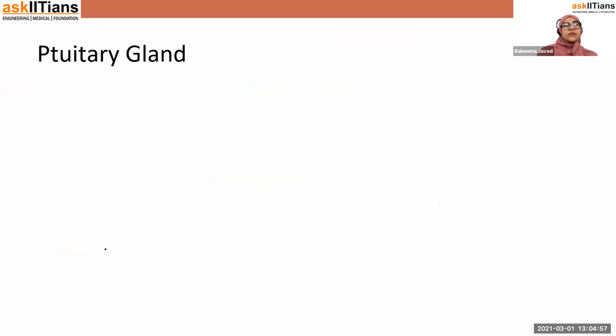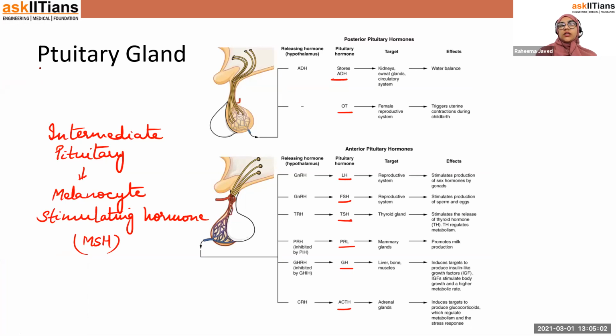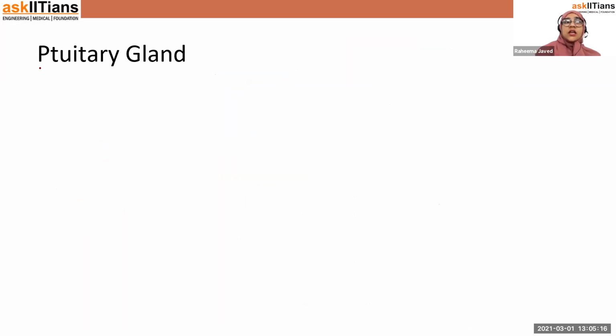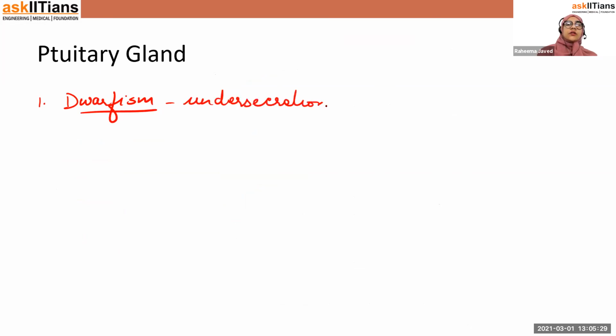So, in the pituitary gland, here I would like to discuss with you the diseases which are caused by the undersecretion or the oversecretion of the pituitary hormones. Okay, so the first disease is, no, dwarfism. Let's discuss dwarfism first. This is due to the undersecretion of which hormone?